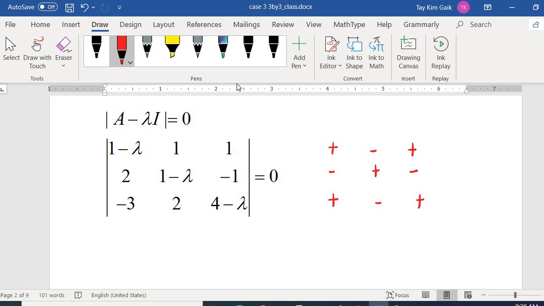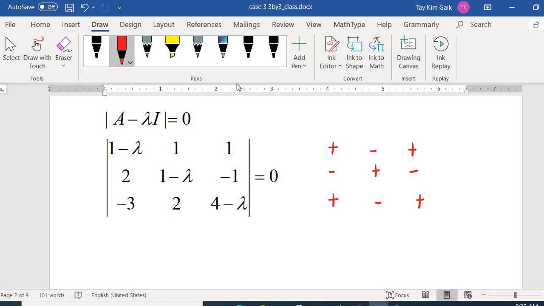You may take any row or any column and multiply with its corresponding signs. Normally you take the row or column that consists of more 0s. In this case we don't have any row or column that consists of 0.